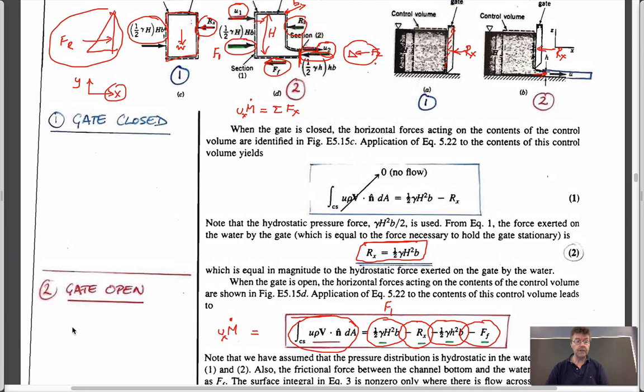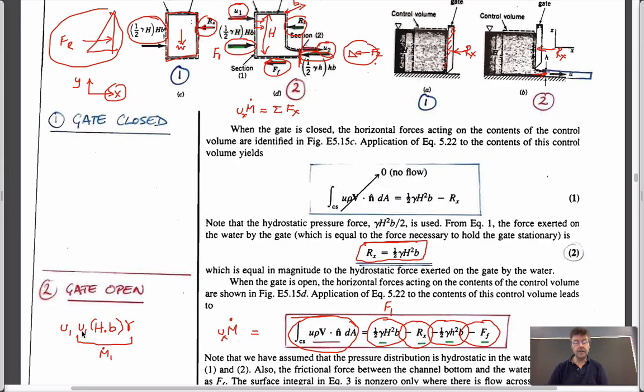The upstream one is going to be U1 multiplied by U1 times the area, which is height h multiplied by b. Right? So this multiplied by unit weight. So this term here is m dot 1, which is the amount of fluid going across this surface here, or the momentum of it.